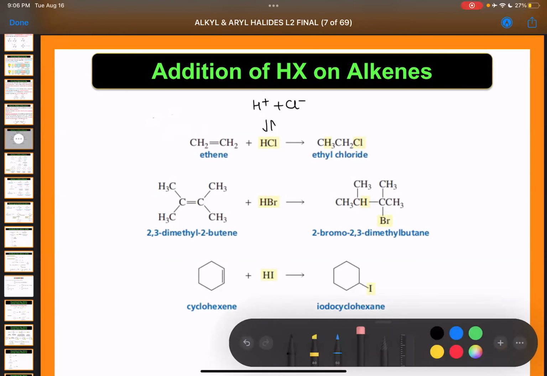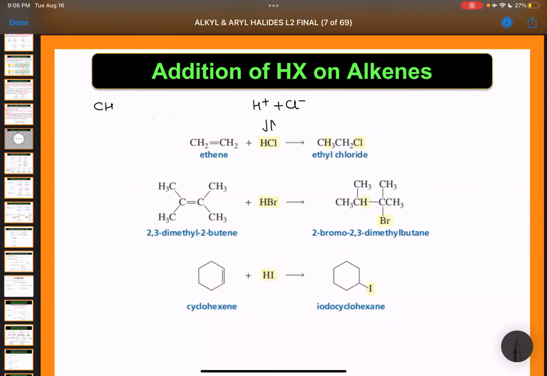That's why H plus is an electron loving species, and that's why the name electrophilic addition reaction. The Cl minus can't come and join directly to the double bond because the double bond has pi electrons and the Cl minus is also electron rich. It is minus. So the H plus will come and join.